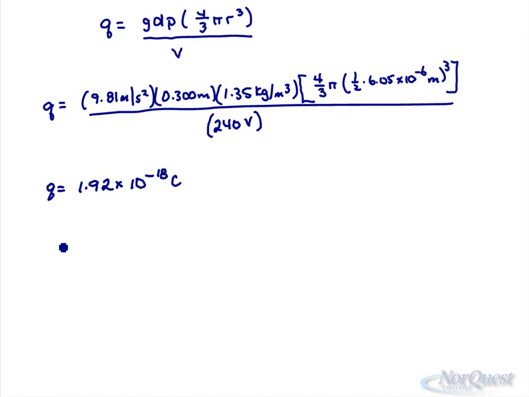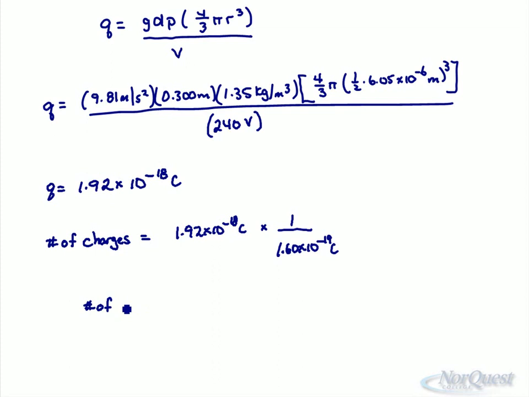So to find the number of charges, this will be equal to 1.92 times 10 to the negative 18 coulombs, again multiplied by 1 charge for 1.60 times 10 to the negative 19 coulombs, and you get the number of charges. This should be very close to a whole number.